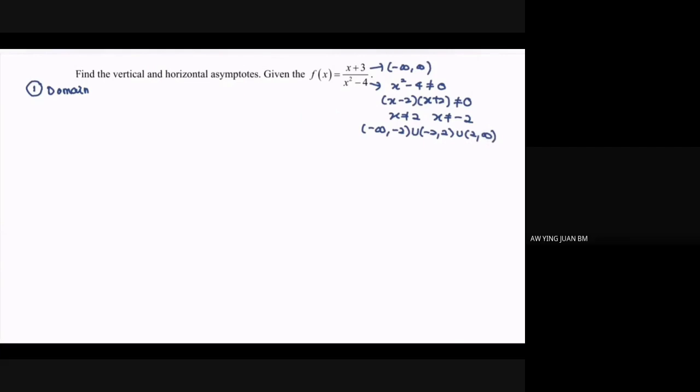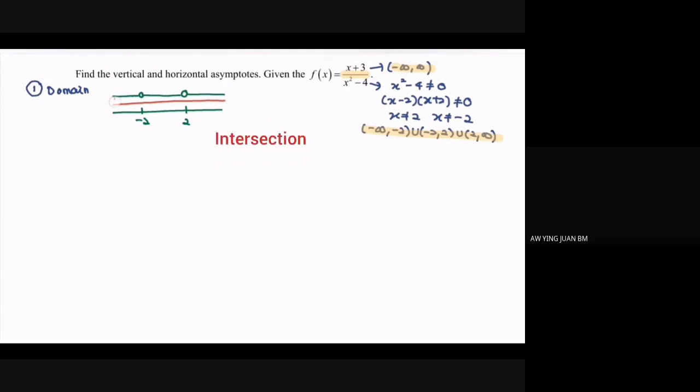As for this case, we have two domains, and the operation is intersection. So now we have to denote the situation on the number line, where we have negative 2 and 2. For this case, the situation is all real numbers. And we denote it as an empty circle for negative 2 and also 2, and then we draw a line connecting the empty circles.